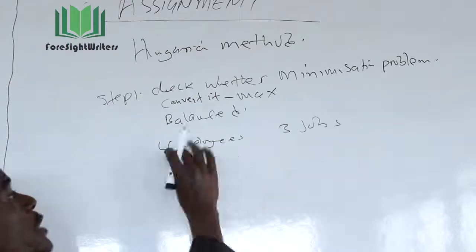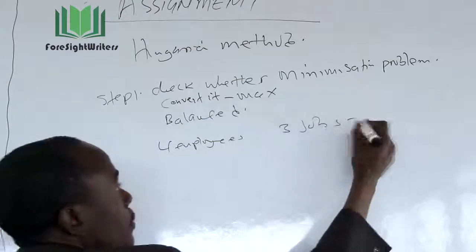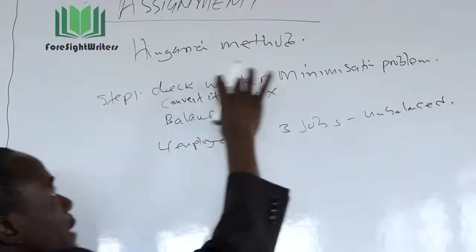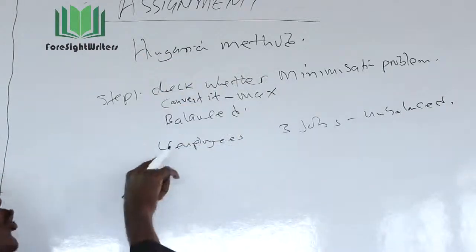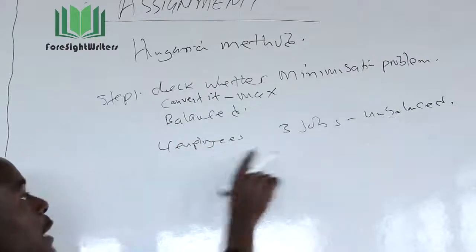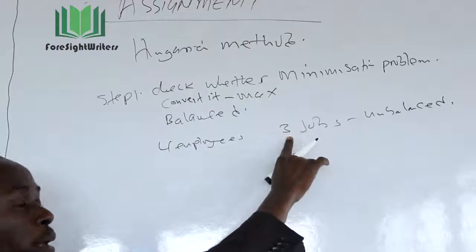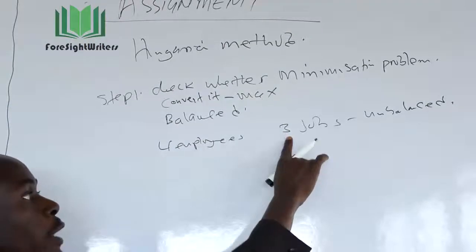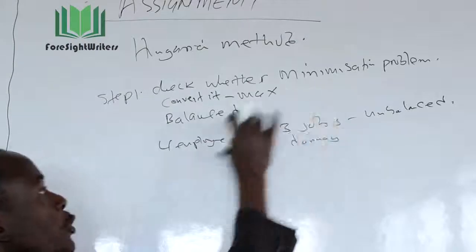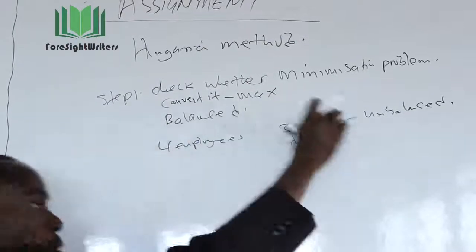It means that it is an unbalanced problem. So you need to ensure that you balance it. You create an imaginary job, or what you call a dummy job, and assign unit values of 0 so that we can have 4 employees and 4 jobs.